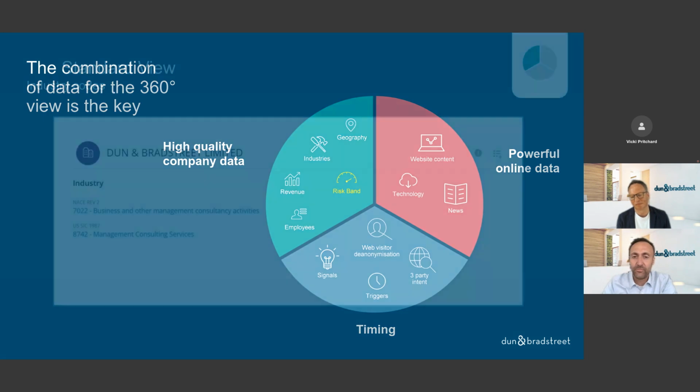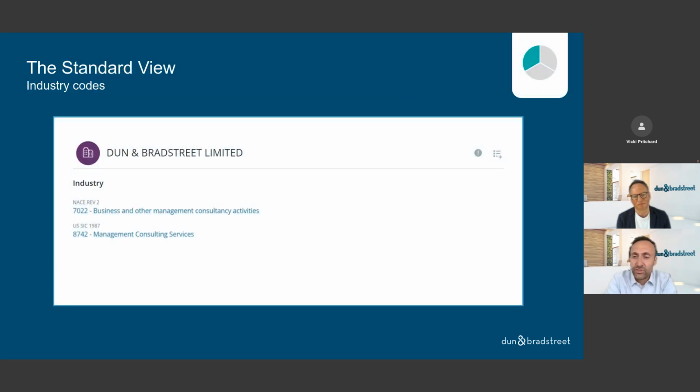If you look at the industry codes, how Dun & Bradstreet is described in a NACE code or on a US SIC code base, you see that Dun & Bradstreet is working in business and management consulting activities or management consulting services, which is everything and anything, not saying what we are doing.